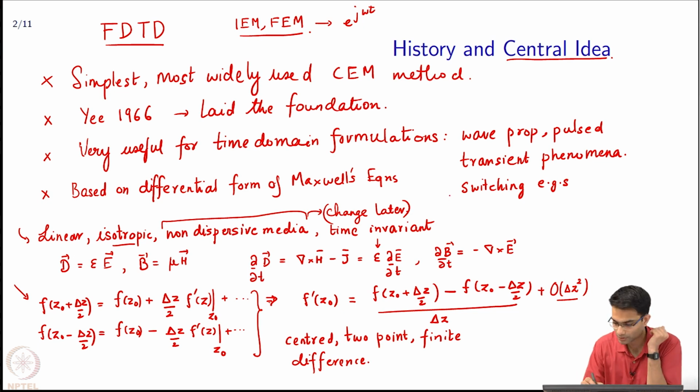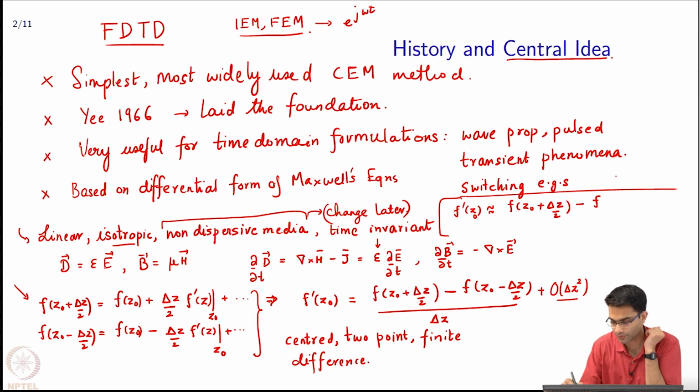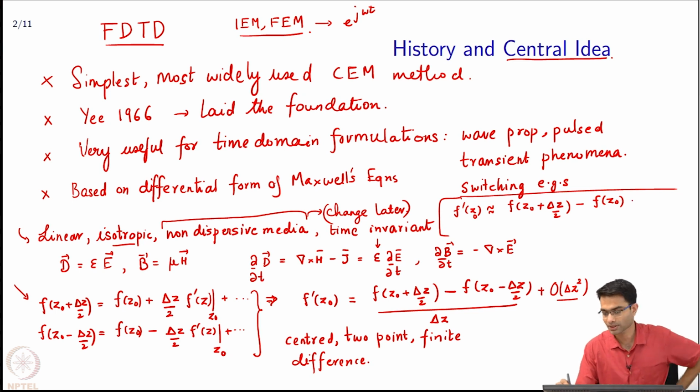Okay, so maybe we'll write it over here. I can also write f prime of z naught approximately, using the first equation alone, as f of z naught plus delta z by 2 minus f of z naught, and we'll keep this delta z by 2 here. I'm just rearranging the terms. And what are the other terms over here?